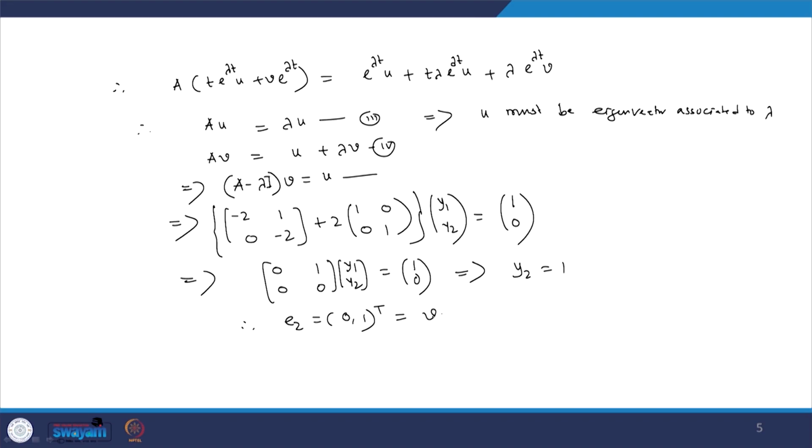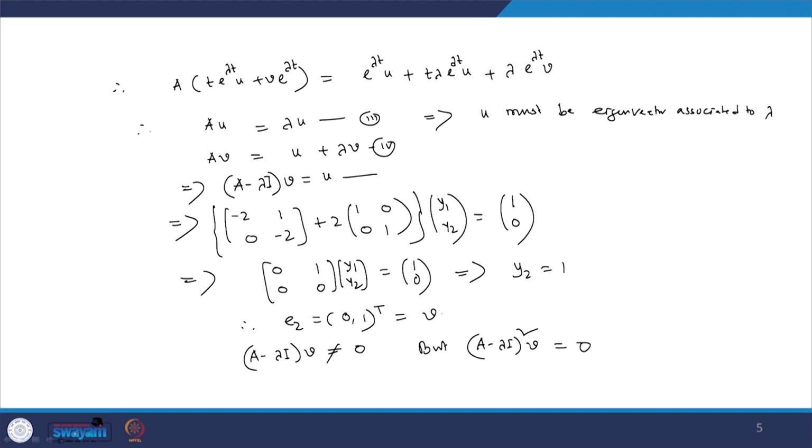Then I am getting v is also linearly independent of u, please. I am getting two linearly independent vectors u and v, and we see that (A minus lambda I) operating on v is not equal to 0, because that is equal to u, which is not equal to 0, but (A minus lambda I) whole square operating on v equals 0.